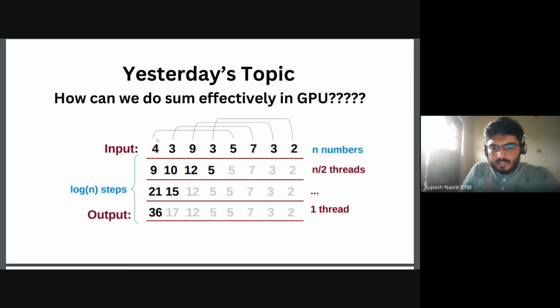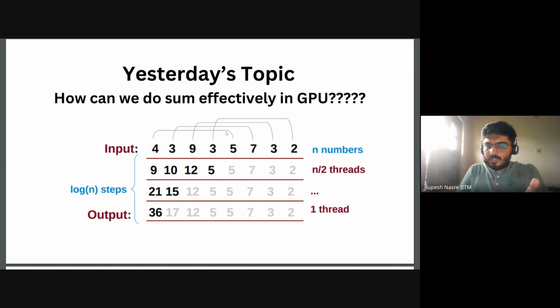So this will add the zeroth index and the fourth index, 0 plus n by 2. This is 1 plus n by 2 equals 5. So this will add at index 3 and index 7. So 0, 1, 2, 3, 4, 5, 6, 7, right? I'm using 0-based index as it is by default in C. So it will add from index 0 plus n by 2 at each iteration.